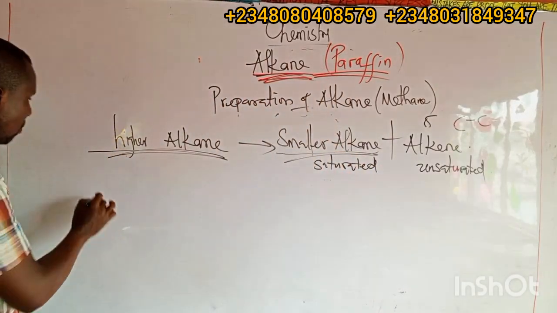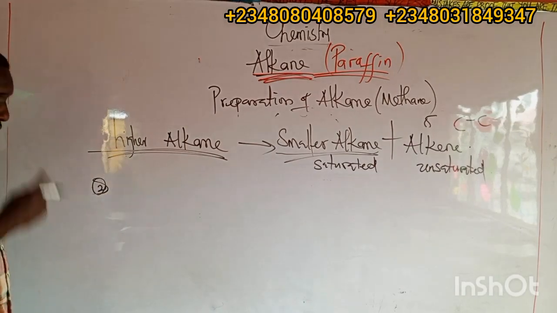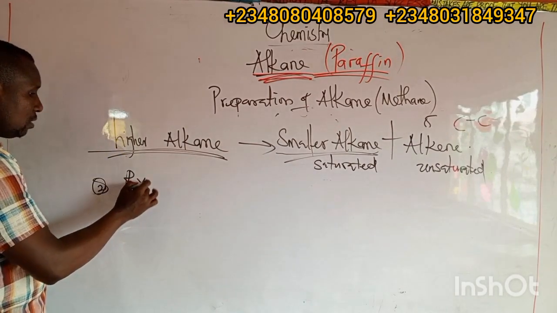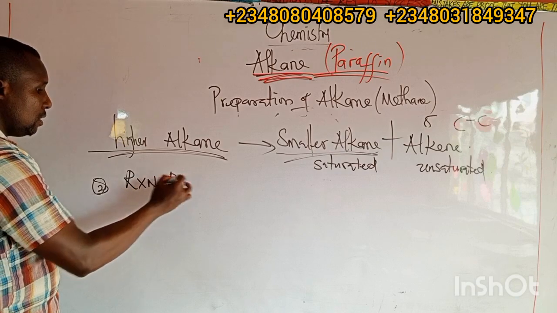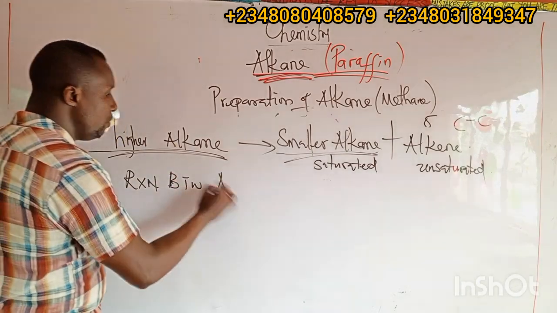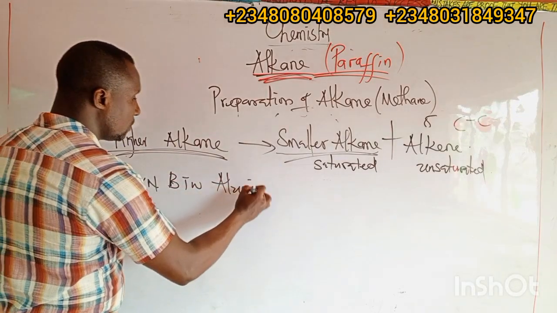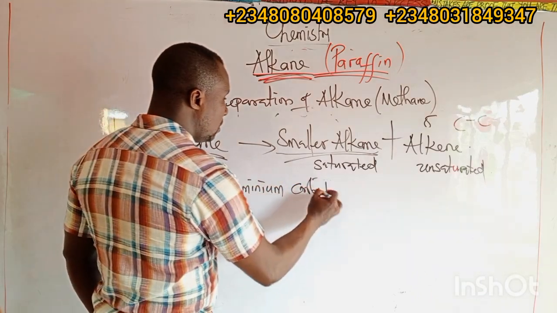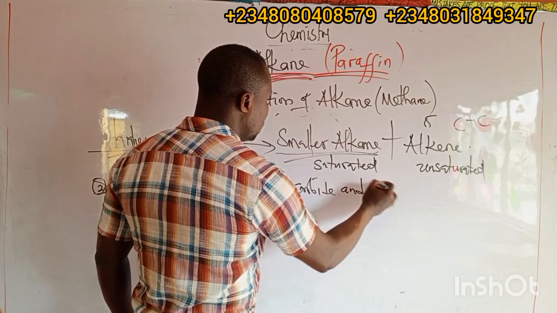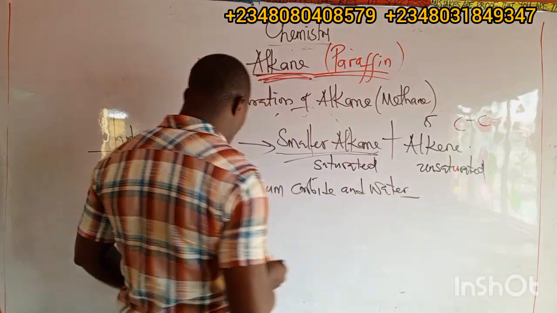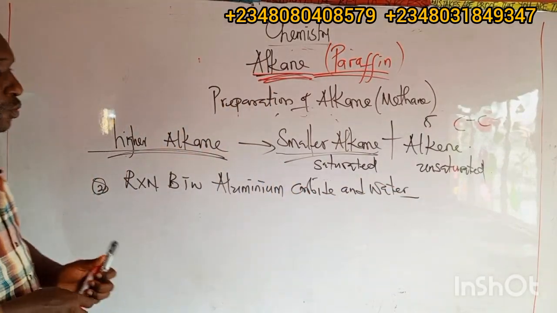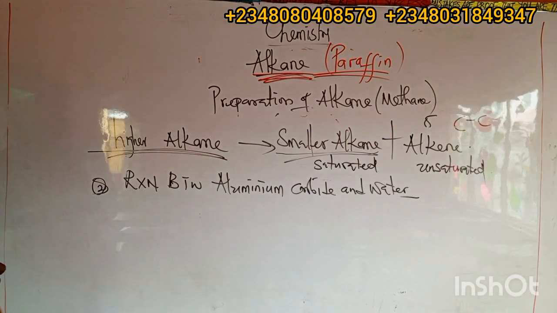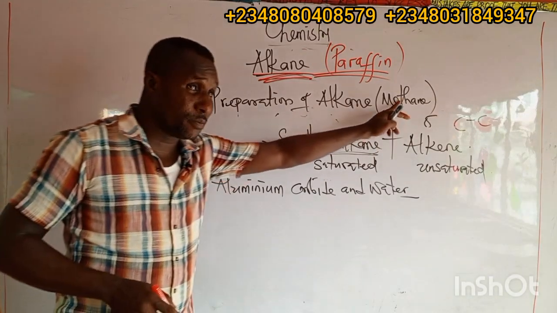Let us go to the second one, the reaction between aluminium carbide and water. That is another process in which alkane can be prepared, and we are looking at methane.